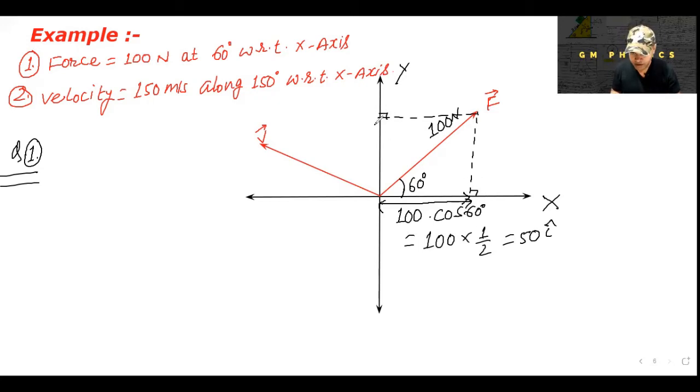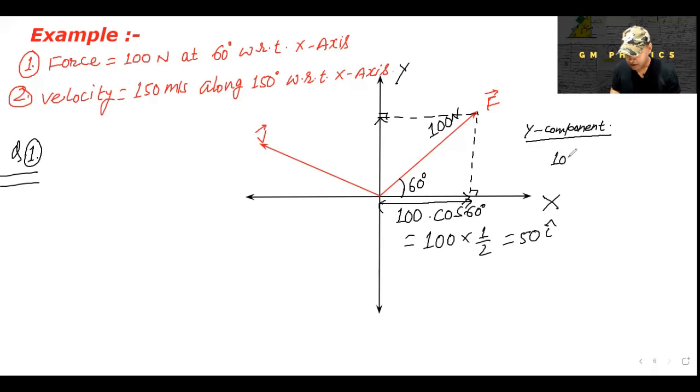Now let's find the y component, that is Ay. This much is the y component. So how much is this? A sin theta. The y component of this vector quantity, that is the force vector, can be written as A sin theta.